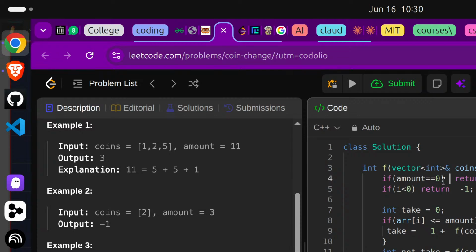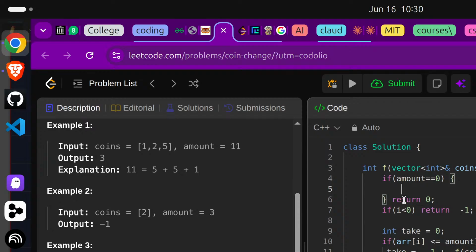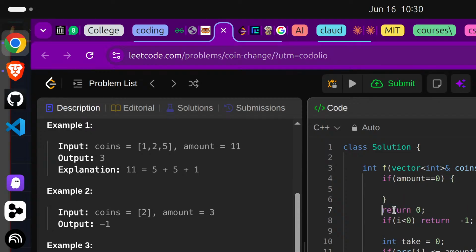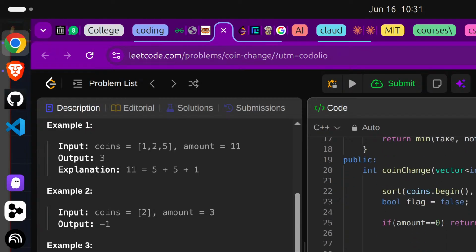If amount ever becomes 0, the flag will be true. And if flag is true, right?